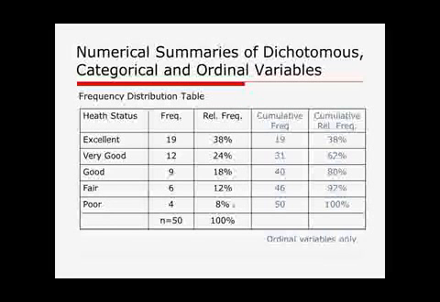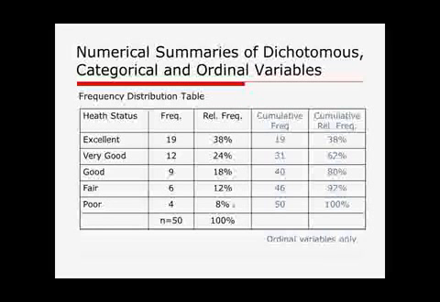So respondents have to choose from one of 5 options, and there's definitely an ordering to them. Excellent is better than very good is better than good, and so on. So a very good numerical summary would consist of the frequency, which is the count. And so 19 respondents said their health status was excellent, another 12 very good, and so on.